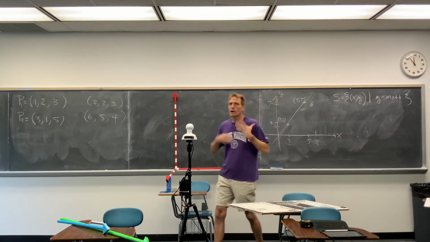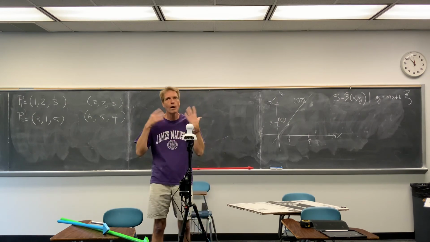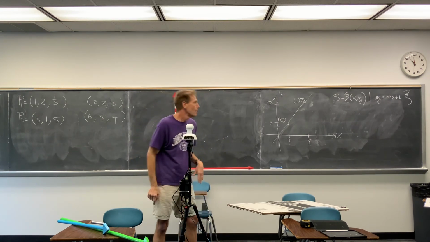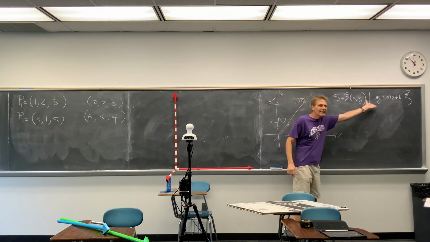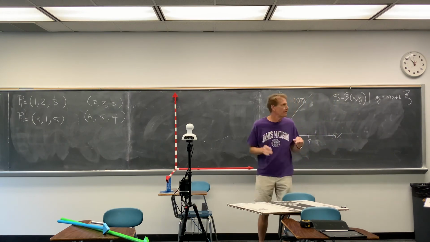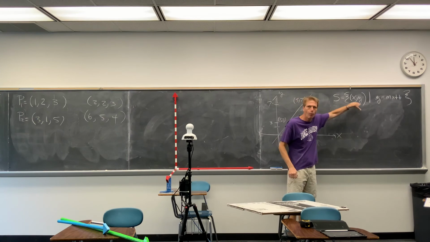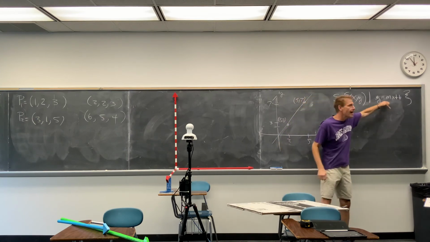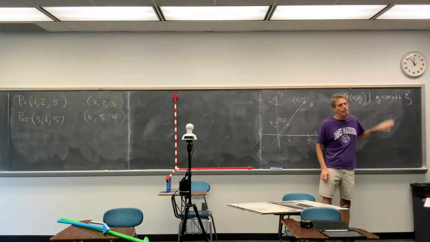When they say write the equation of a line and you write down y equals mx plus b, yes, that's what we write down. But we don't really think of it as a set of points that obey this equation.